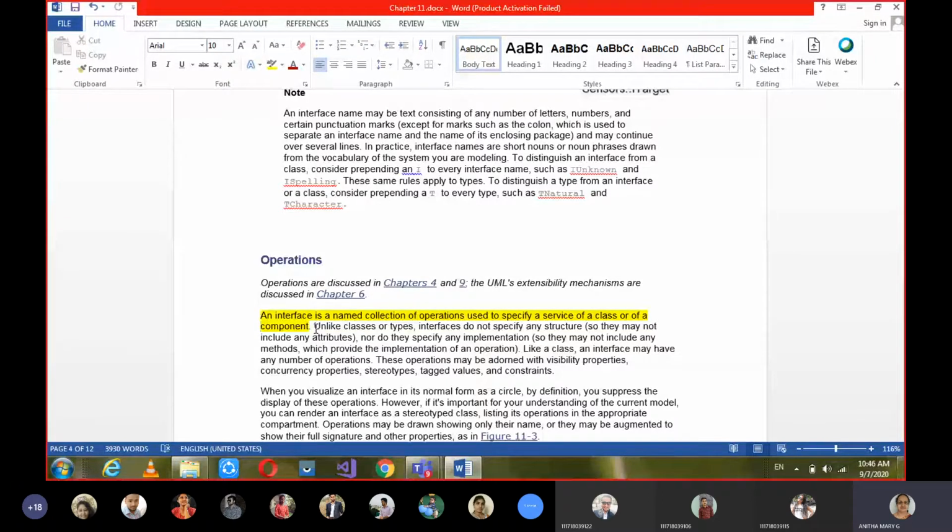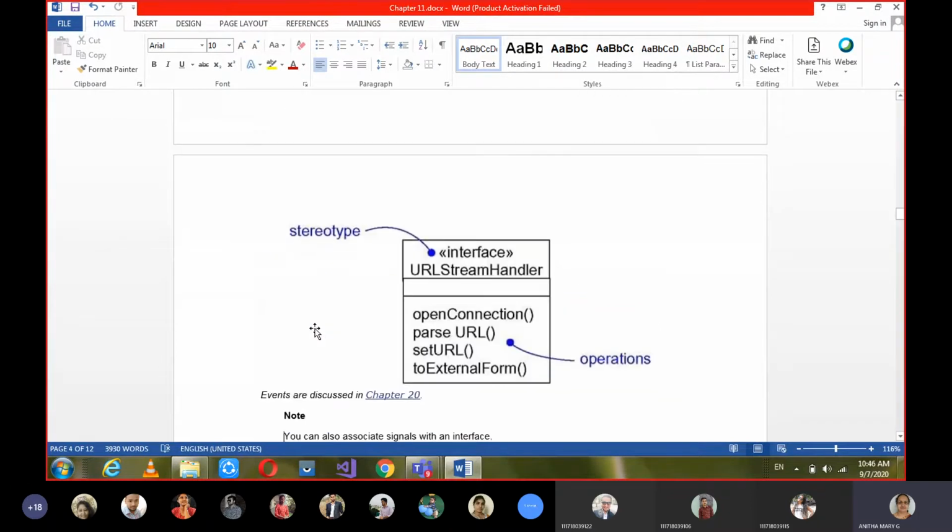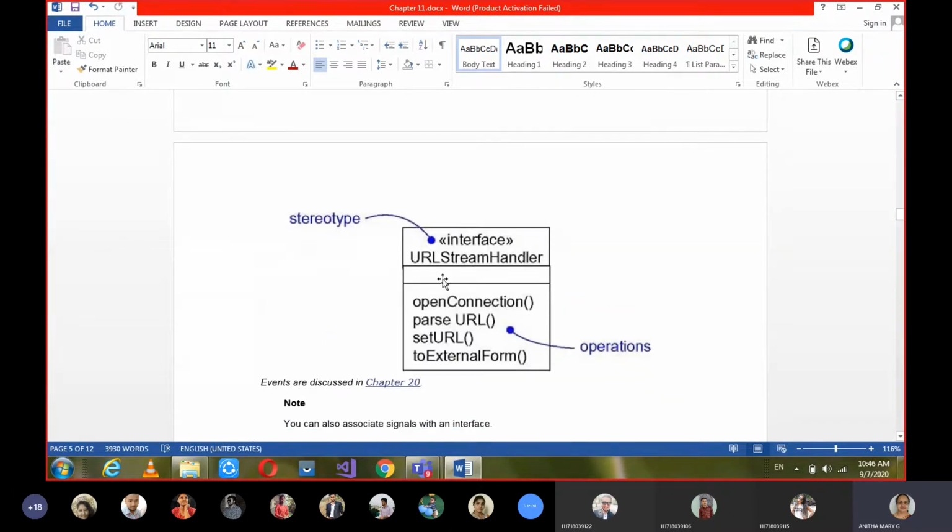And operations are like a class's. These operations are adorned with visibility properties, stereotype, tagged values and constraints. Whenever we want to show the operations for a particular interface, we give those operations just like we do for a class. This representation I was telling you about is the expanded form of an interface. What is the simple form of an interface? It's just a circle, but the expanded form is exactly like a class, and all its services are given in the operation block.